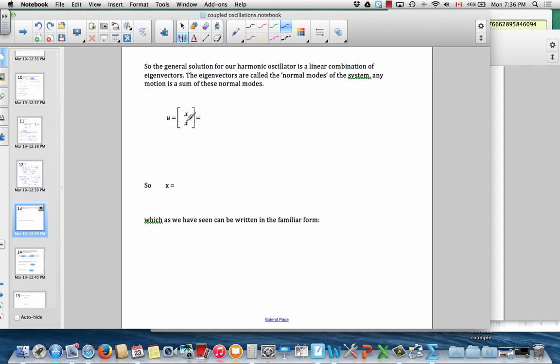We tried a solution of the form e to the i omega naught t and found that it worked. So we can write the solution in terms of the two eigenvectors and the eigenvalues: a constant times the first eigenvector times e to the first eigenvalue t, plus a constant times the second eigenvector times e to the lambda 2 t.